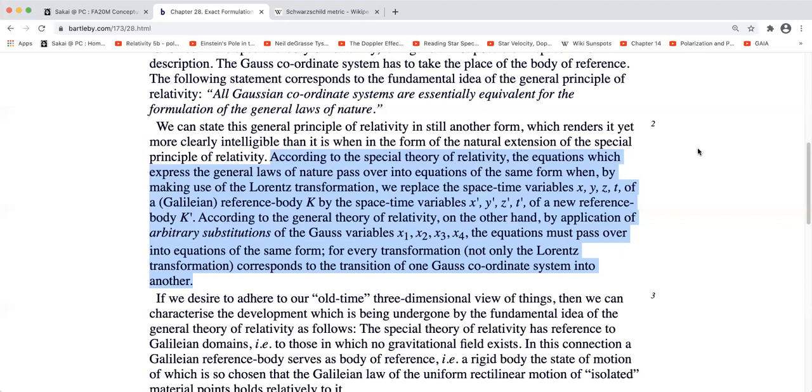According to the general theory of relativity, on the other hand, by application of arbitrary substitutions of the Gauss variables x1, x2, x3, x4, the equations must pass over into equations of the same form. For every transformation, not only the Lorentz transformation, corresponds to the transition of one Gauss coordinate system into another.